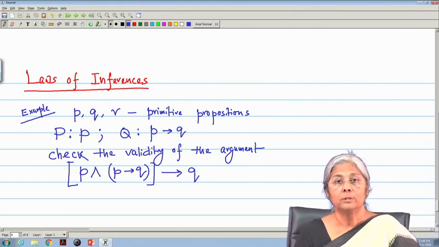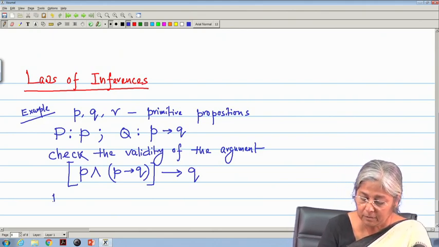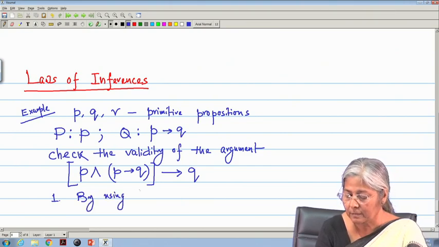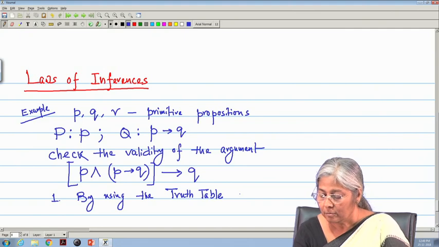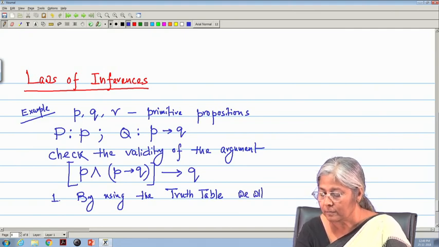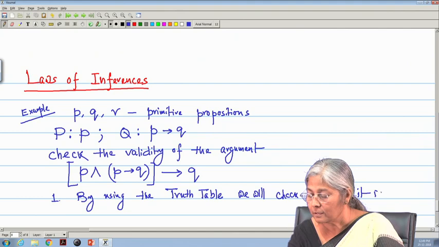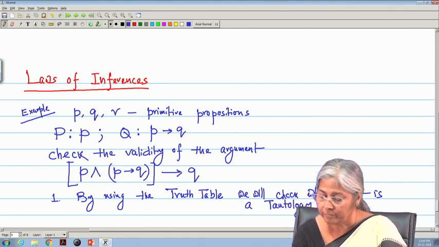So, we can do it in two ways. One method is using the truth table. The truth table will check whether it is a tautology or not.